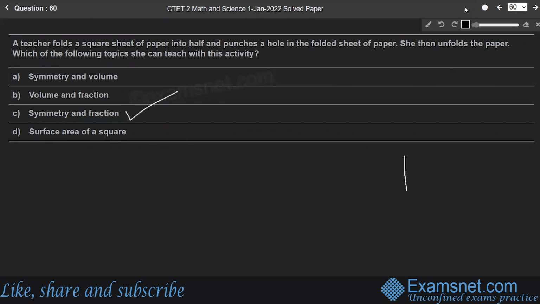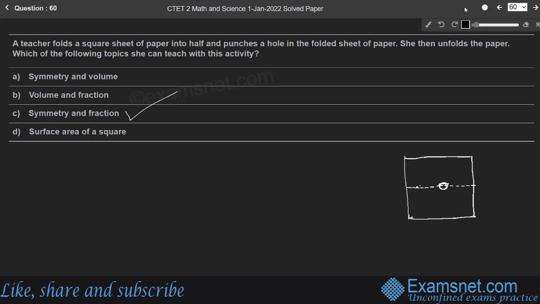Let us consider a square sheet of paper. So the teacher folds this square sheet of paper into half and punches a hole in the folded sheet of paper.